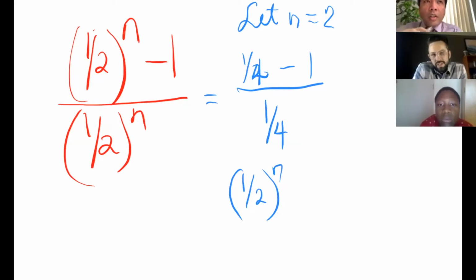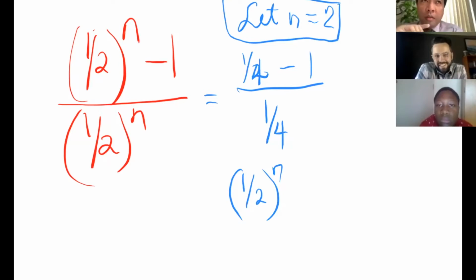So can you hold a number? What is your anticipated result when you let n be equal to 2? What is your anticipated result here? 3/4. Say it again. 3/4. All right, so that's your intended result, right? The 3/4.